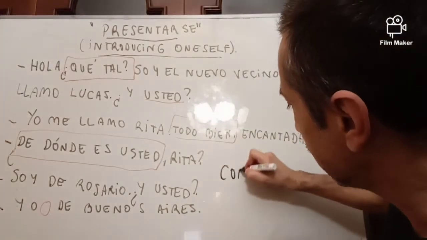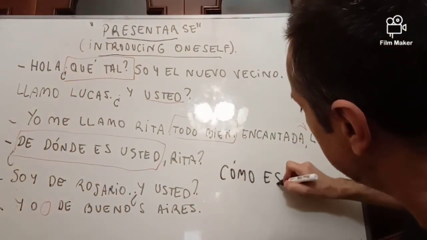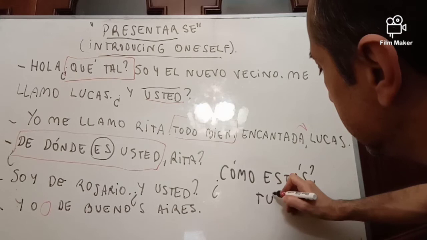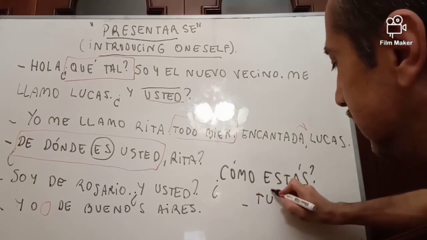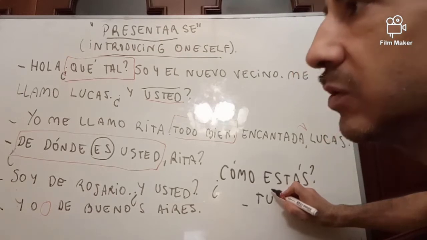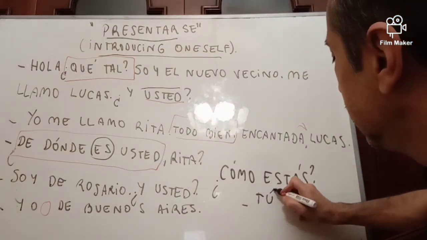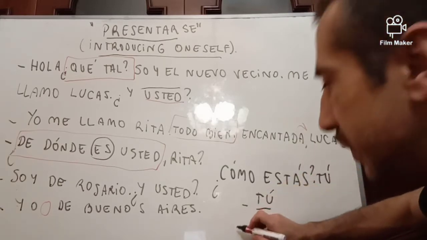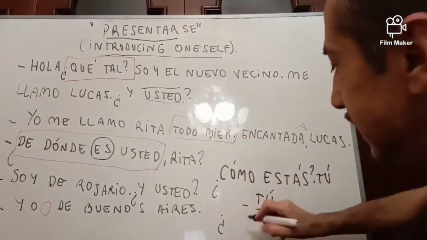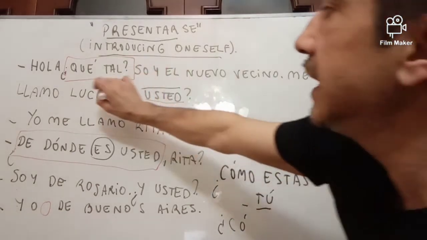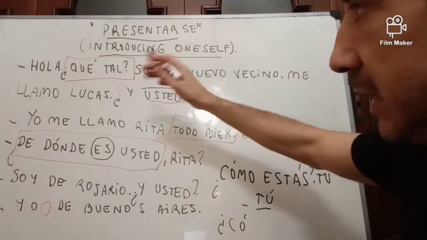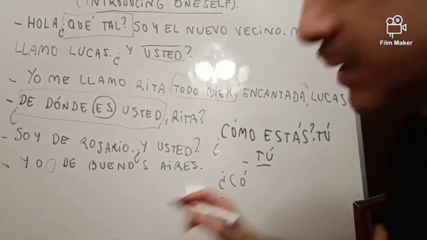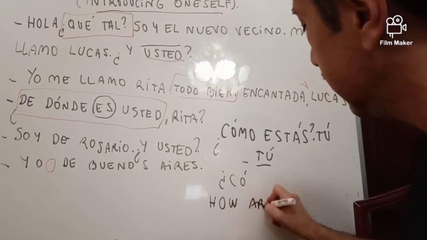The other day we saw ¿cómo estás? But when we are asking the other person how are you, and that person is young or not so old, we say tú. ¿Cómo estás tú? If the person were older, as in this case, I used this question, ¿qué tal? That is, how are you? It's another way of saying how are you?